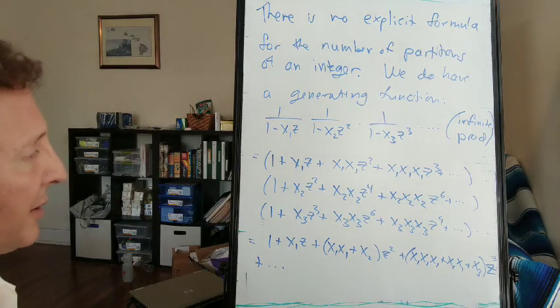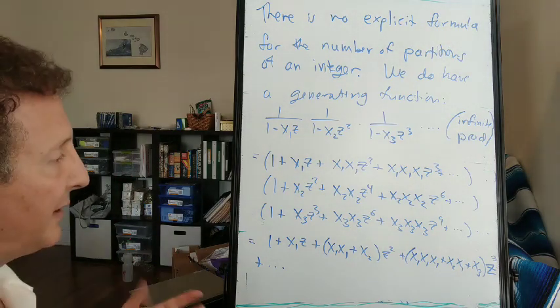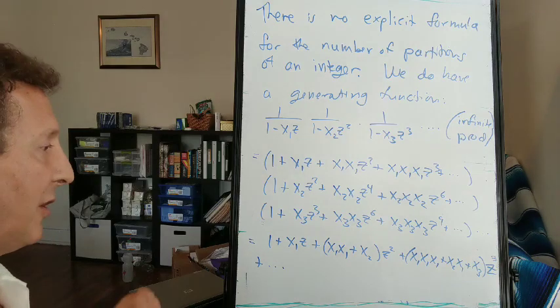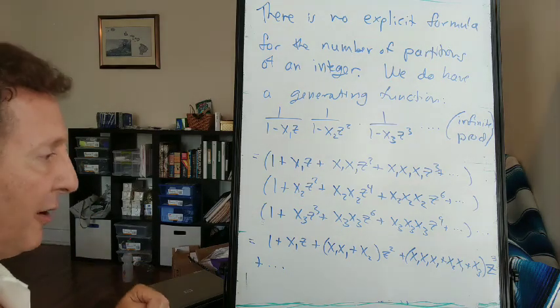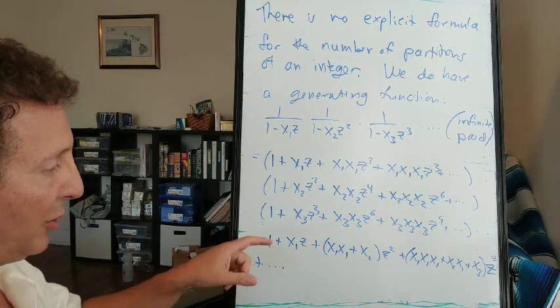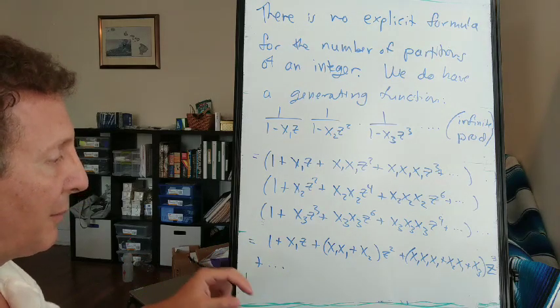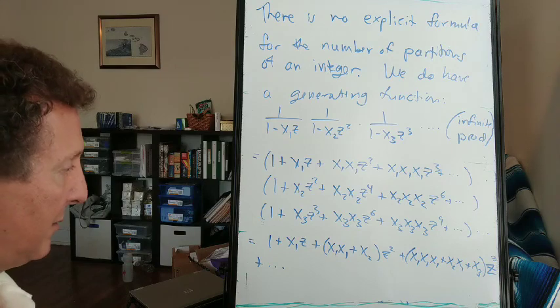And if you think about it, you can see that the coefficient of z to the k is going to be a sum of products of x's whose indices give us precisely the partitions of k.